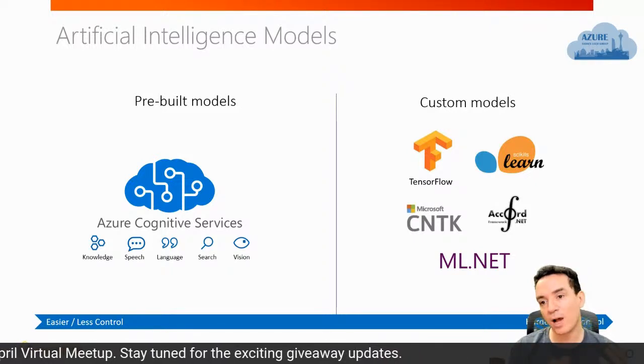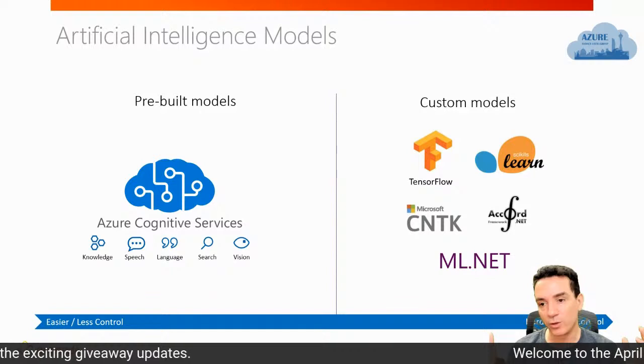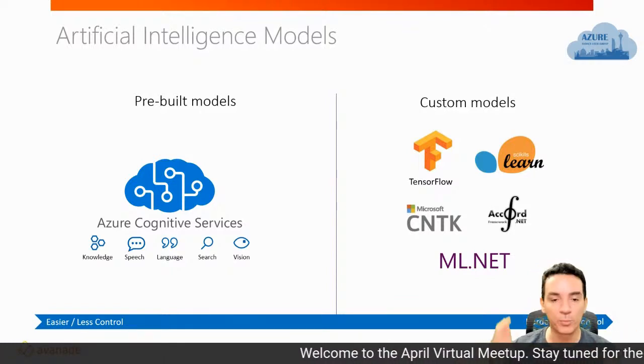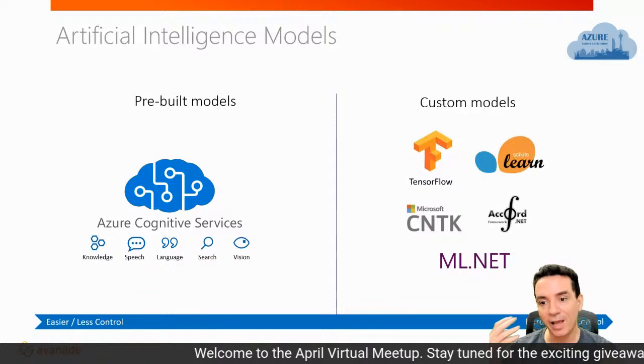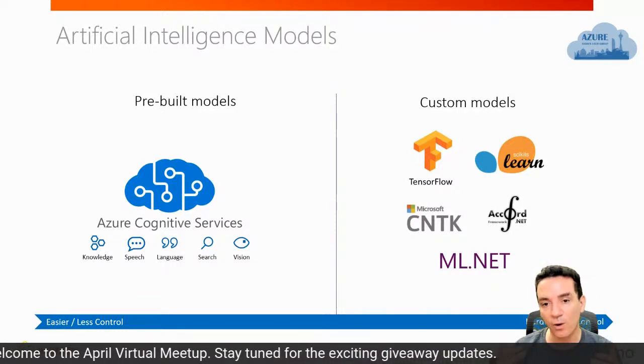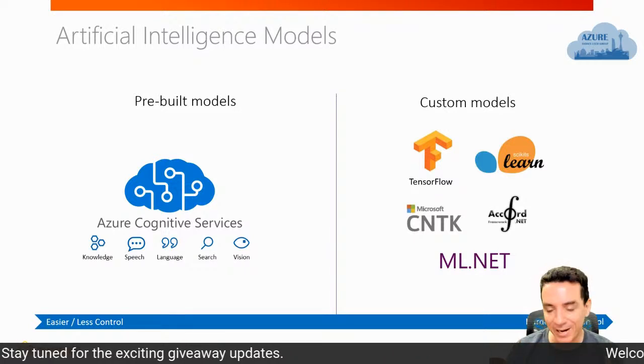And then you have a model where you need to create everything on your own. You can use Python, you can use TensorFlow, you can create your own computer vision solutions, but it requires a lot of code and a lot of real work. And I need something in the middle.